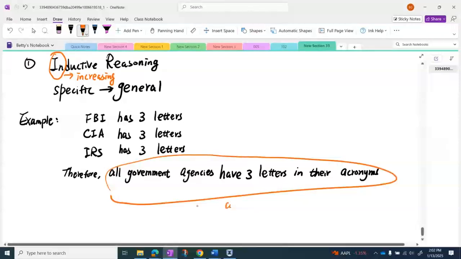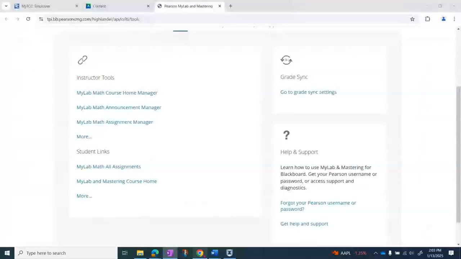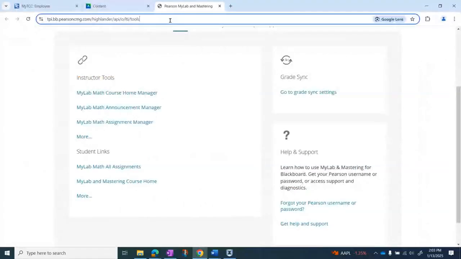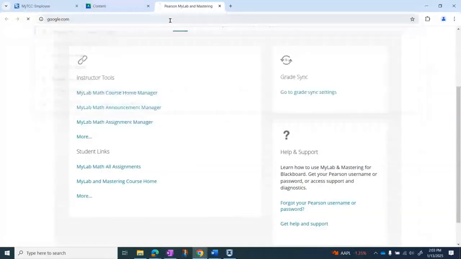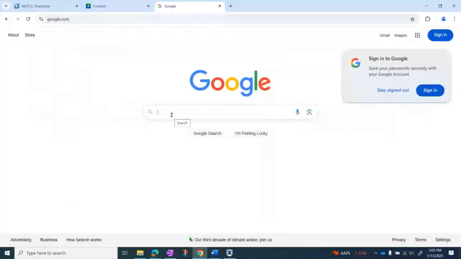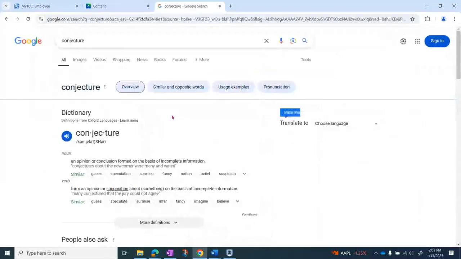And in inductive reasoning, the conclusion you make is called a conjecture. My understanding about this word conjecture is that it means prediction or guess. It doesn't hurt if we Google a little bit, right? Let's see. How do you understand the word conjecture? In mathematics, a conjecture is a conclusion you draw using inductive reasoning.